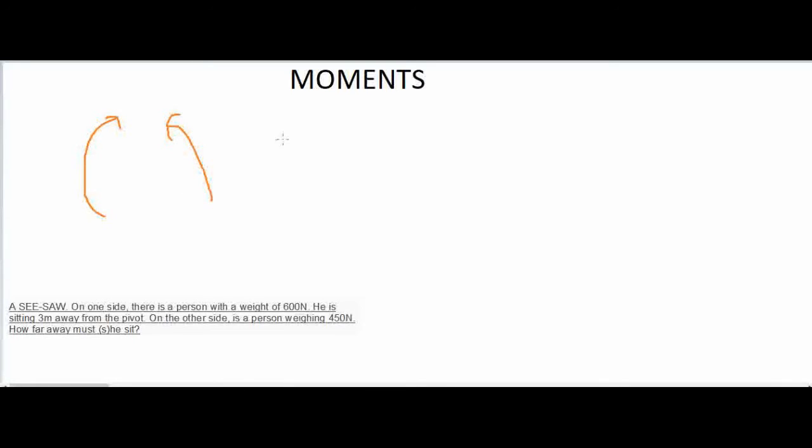Now the formula for moments: moments, beginning with a capital M, is equivalent to force times perpendicular distance. And we'll draw a perpendicular angle here just to show you that's the perpendicular distance.